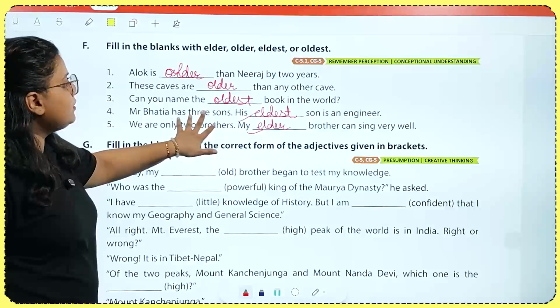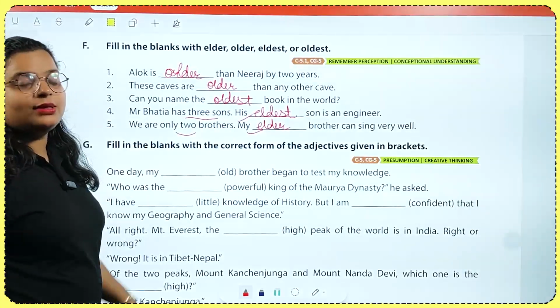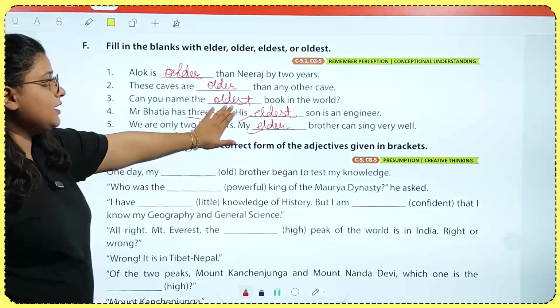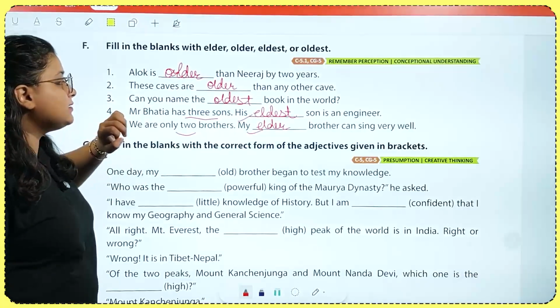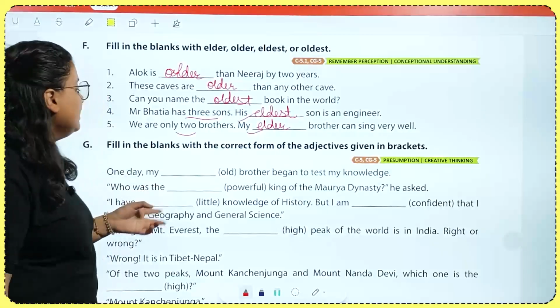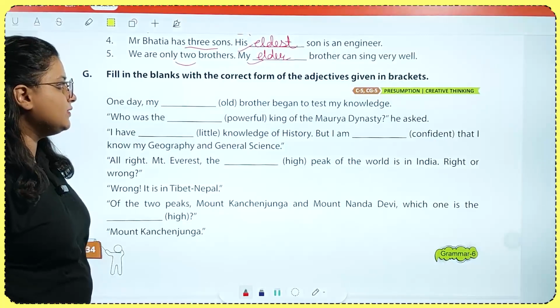It was based on the numbers 3 and 2. अब 2 लोगों में कंपेयर कर रहे हैं तो एल्डेस्ट तो नहीं हो सकता, एल्डर होगा। अब 3 में कंपेयर किया जा रहा है तो एल्डेस्ट यानी सबसे बड़े को ही हम इस वर्ड को यूज करके बता सकते थे, एल्डेस्ट.